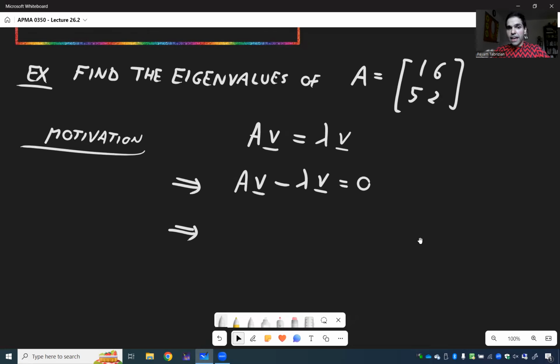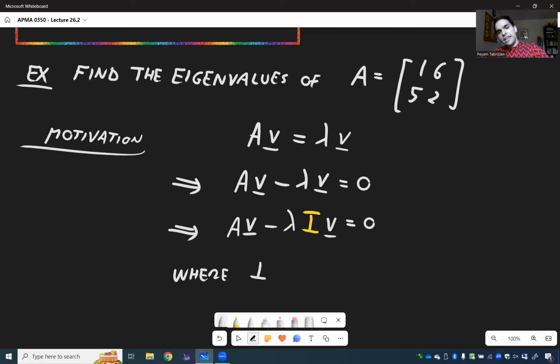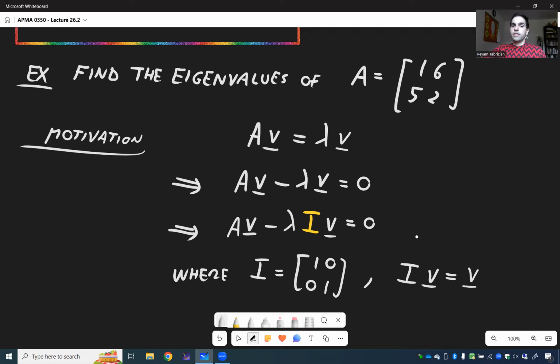But before that, notice, since we want to write this in terms of matrices, lambda v is the same thing as lambda I v equals 0, where I is what's called the identity matrix, [[1, 0], [0, 1]], which has the property that if you apply I to a vector, it just gives itself.